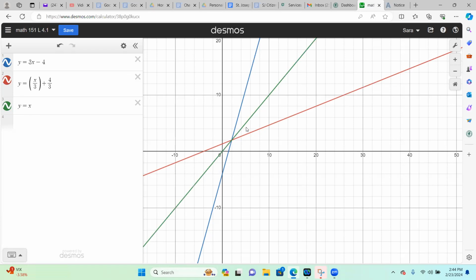If they're inverses of each other, they will be symmetric with respect to that line, y equals x, and they are. Symmetric meaning half of the red line is cut in half there, and half of the blue line. Okay, so let's go back to our paper here.